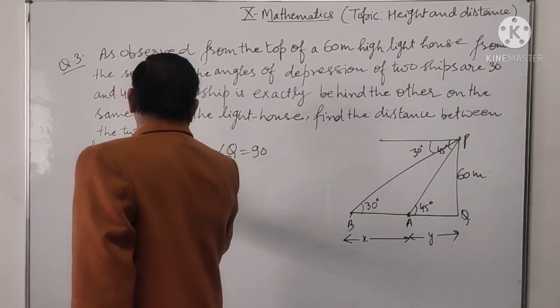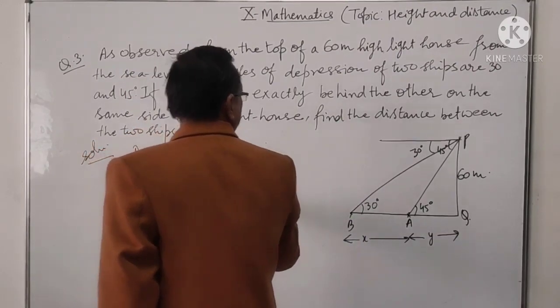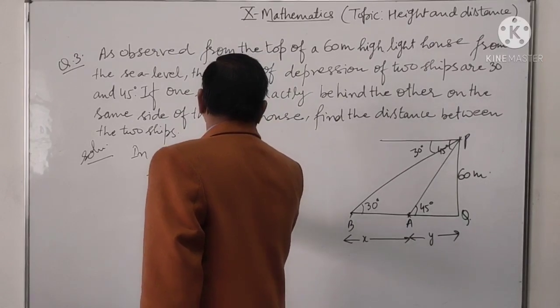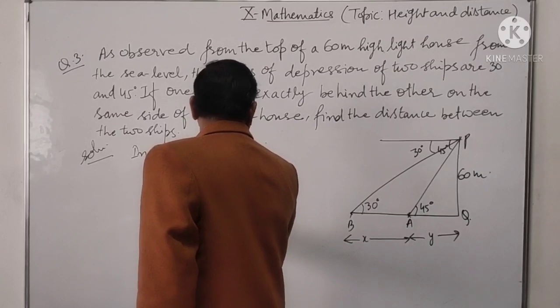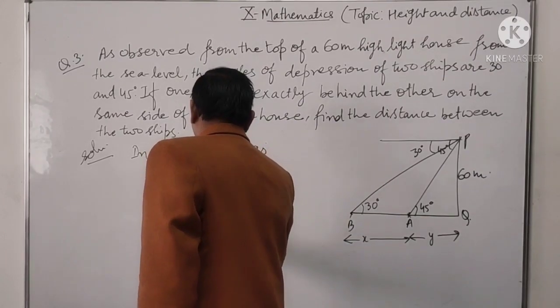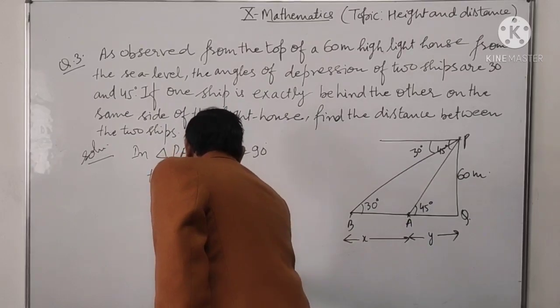Therefore, tan 45 equals PQ upon AQ. Tan 45 is 1, PQ is 60 upon AQ. So AQ is 60 meters.